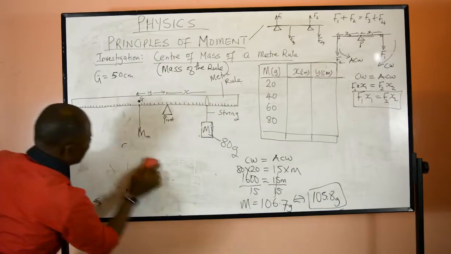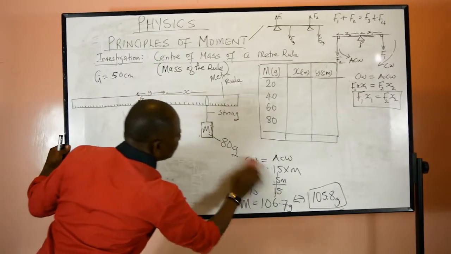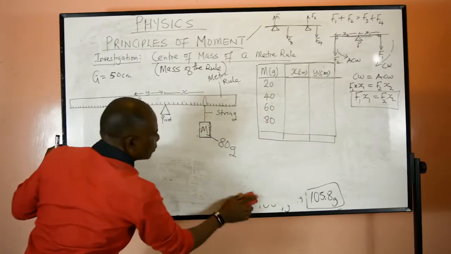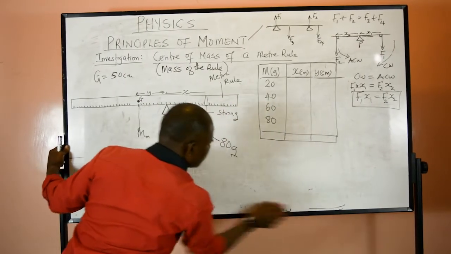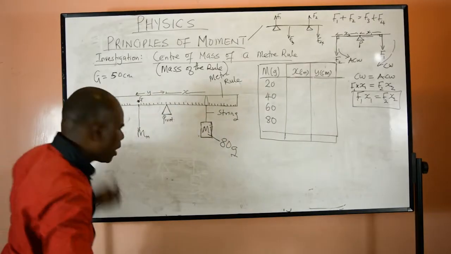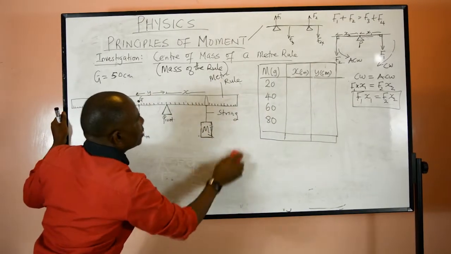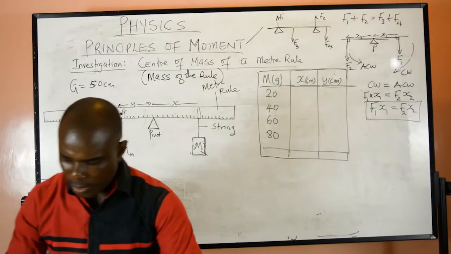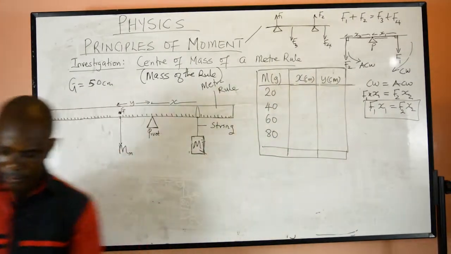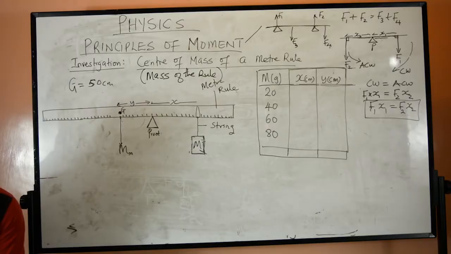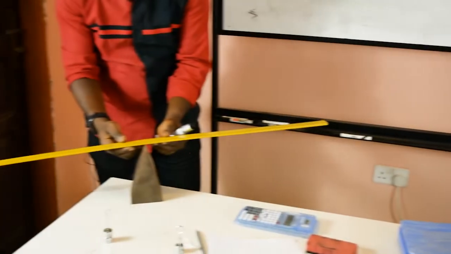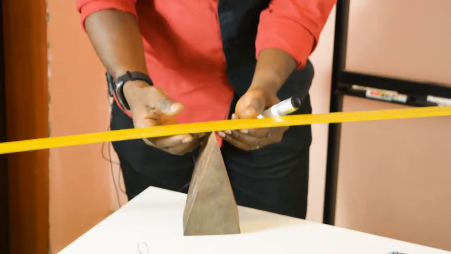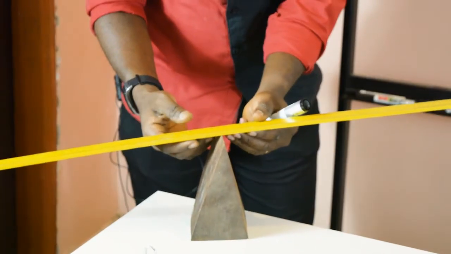So let's go with the first concept. We have already explained that. Now I'm going to move these masses. I'm going to be changing the masses. Remember, I have already got the balance point first. That was the point where the resultant weight acted. That is still the 50. That was my G initially, it's still there.